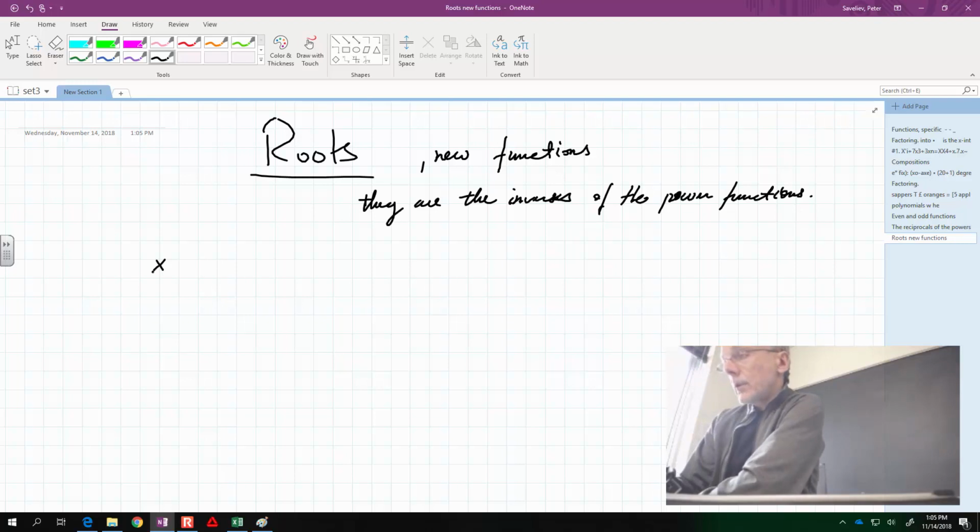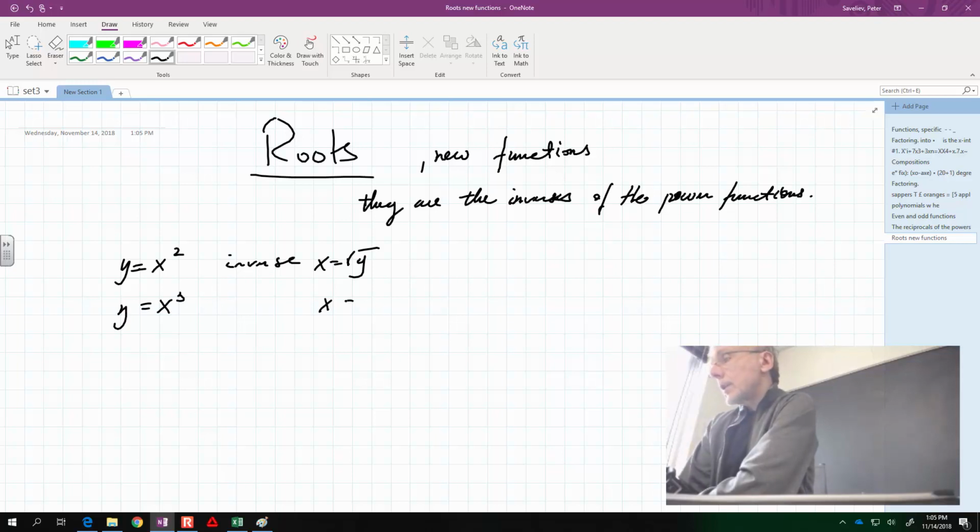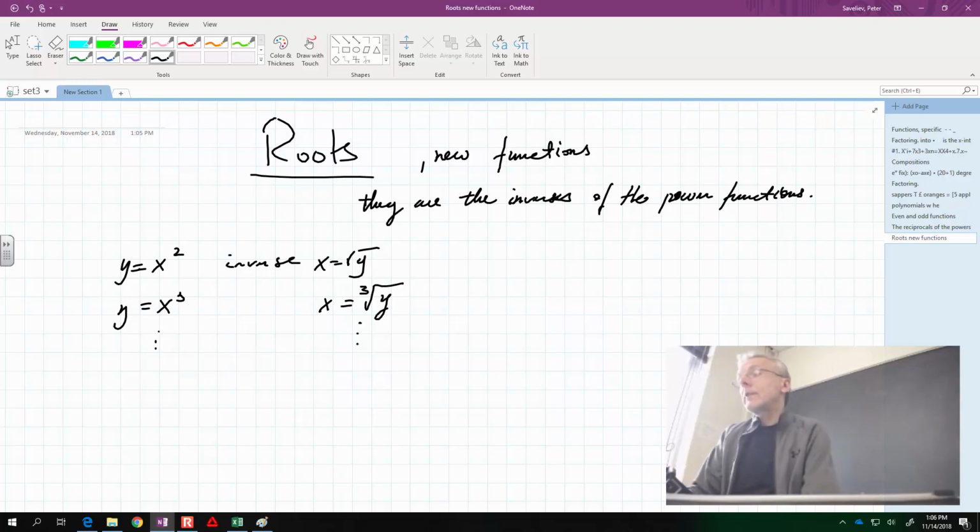Okay, so x squared, inverse: y equals x squared, its inverse is x equals square root of y. y equal to x cubed, inverse is x equal to cubic root of y. And so on and on. For each power, there's an inverse, and we're using the term nth root.